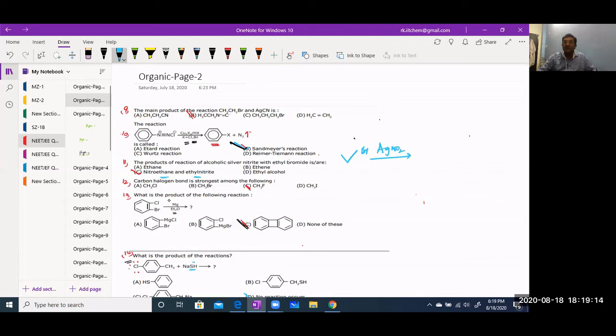It depends upon solvent, but in this case, though it is going to be covalent, nitrogen is going to be attacking this one and gives rise to nitroethane as the major product. Nitroethane as the major product in presence of alcohol, and ethyl nitrite is going to be the minor product.